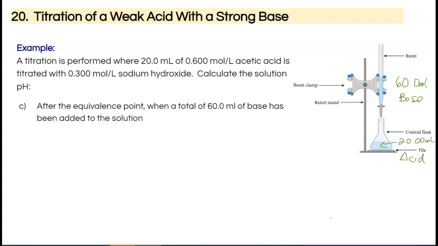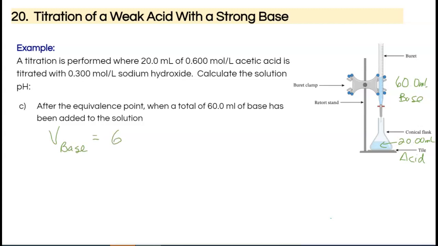Okay, now the thing is that the base's concentration is not the same as that of the acid. So I need to do a little bit of stoichiometry to figure out what volume of base needed to be added. In the last step, I actually figured that out. I know that the volume of my base that was required to neutralize was 40 milliliters at the equivalence point.